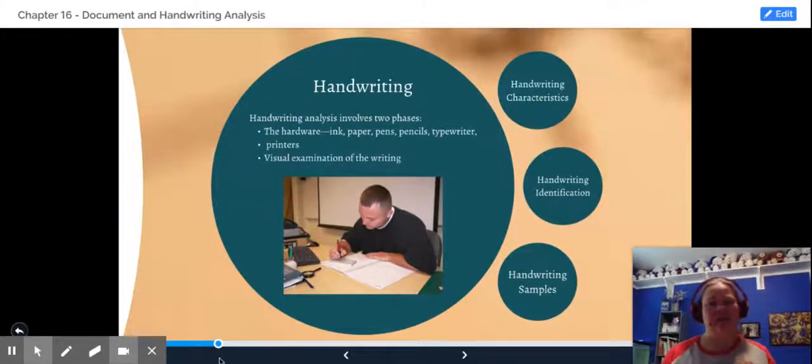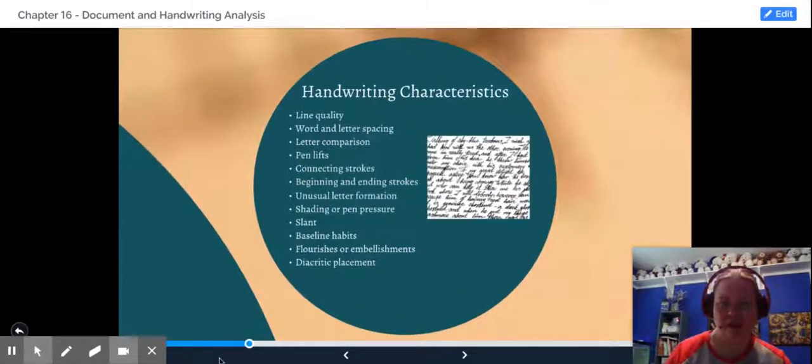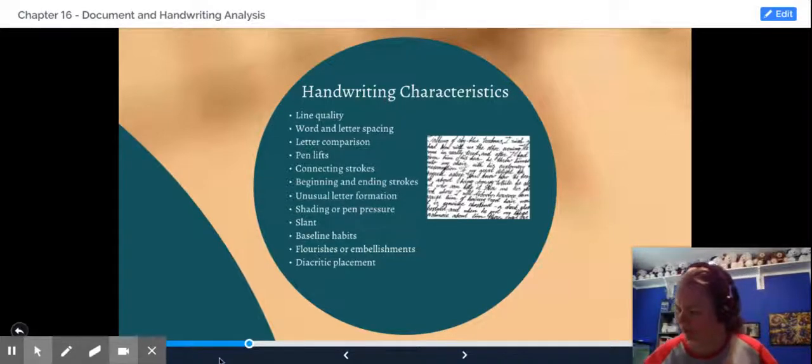So handwriting looks at the hardware, which includes anything that's used to write the document, and then they look at the writing itself, and that's where it can become more individual. So for handwriting characteristics, they'll look at 12 points of a document, okay? And the 12 points will be line quality.